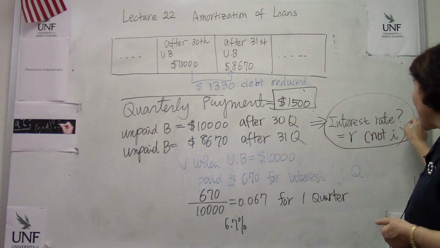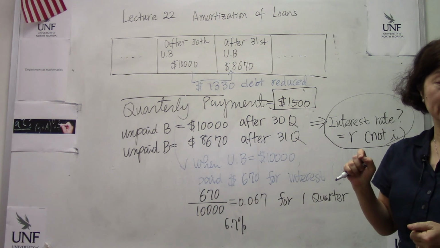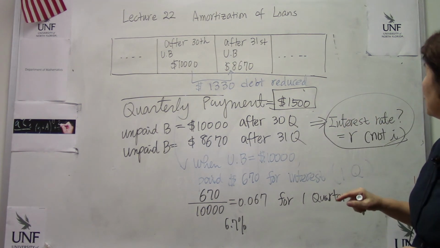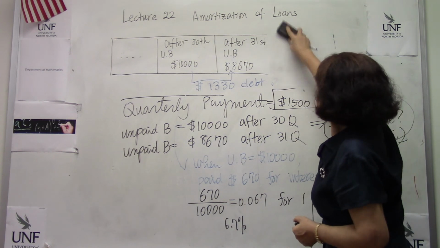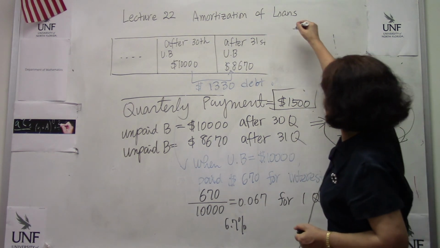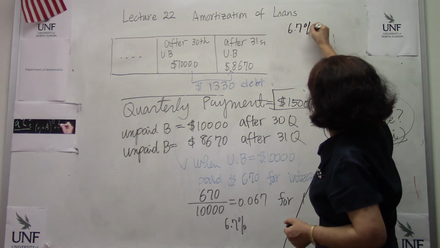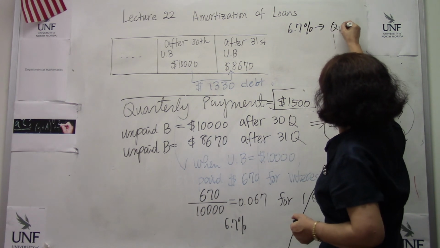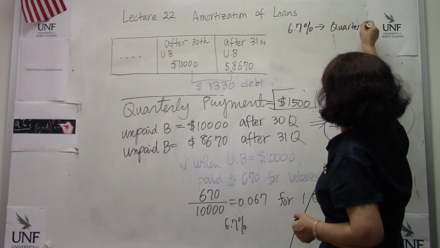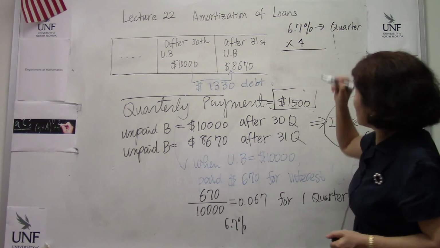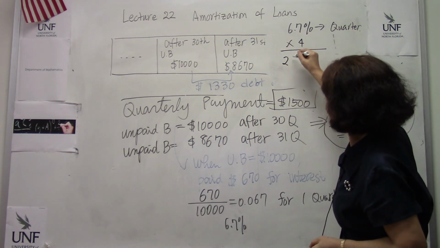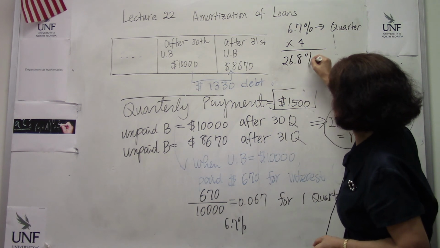Our interest rate has to be R. That is for the whole year. So what do you have to do? Yes, exactly. So 6.7% for a quarter year. Therefore, what you have to do? Times 4. That is a lot, 26.8%.